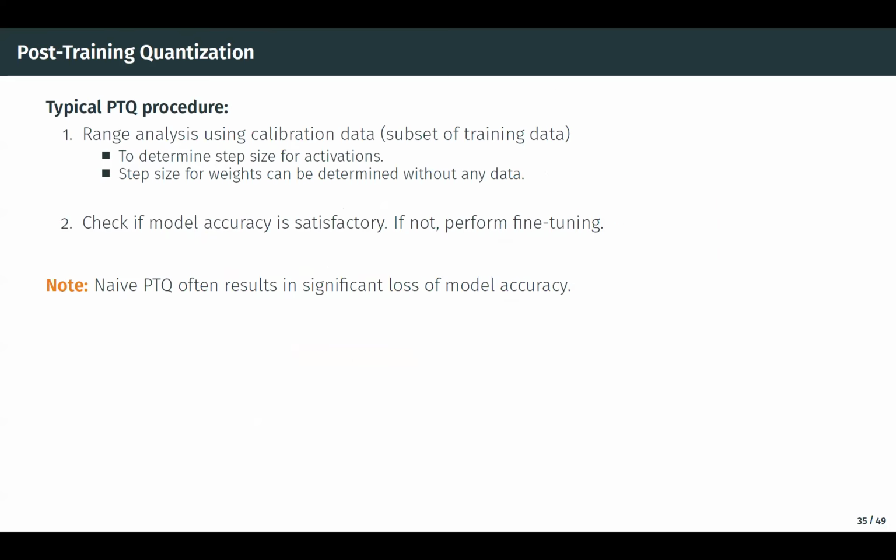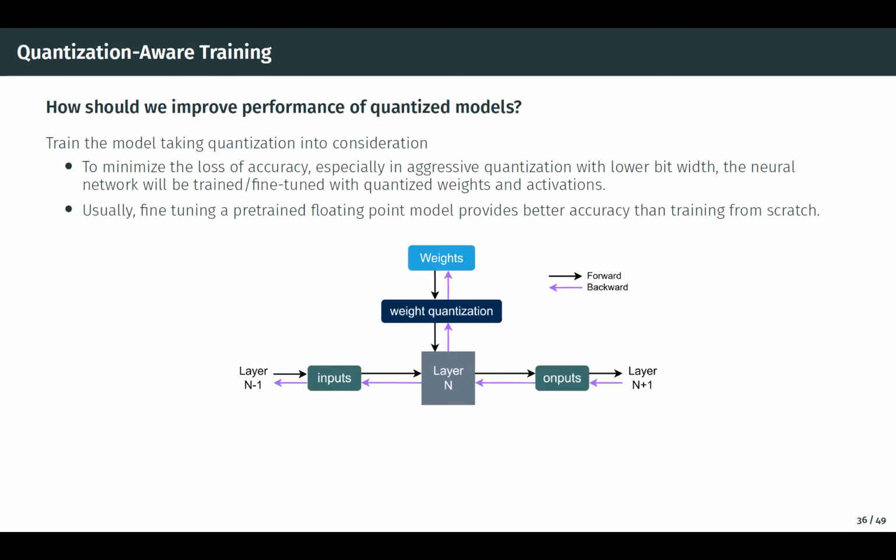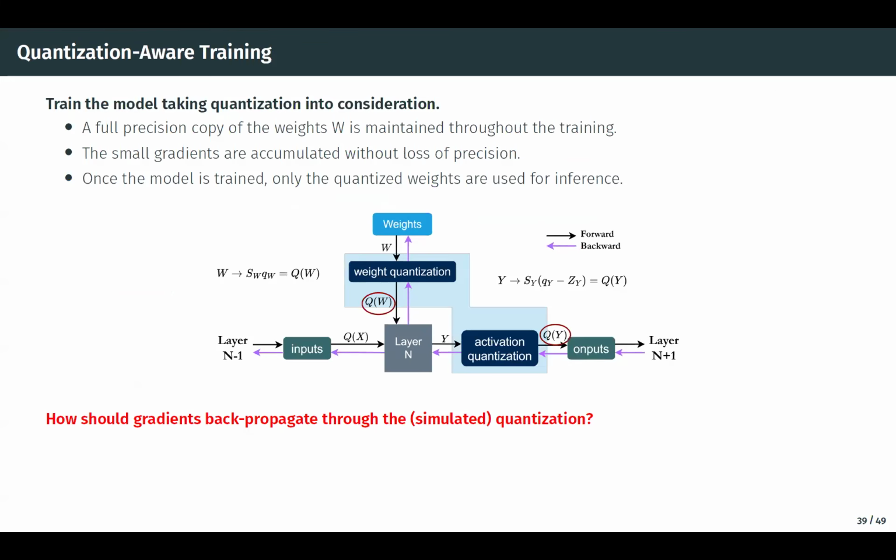You begin with a trained model that you had before, and then you train with quantization being part of the process. As I said here, in the forward pass, you do the fake quantization: you quantize and then quantize back to 32 bits and get the accuracy.